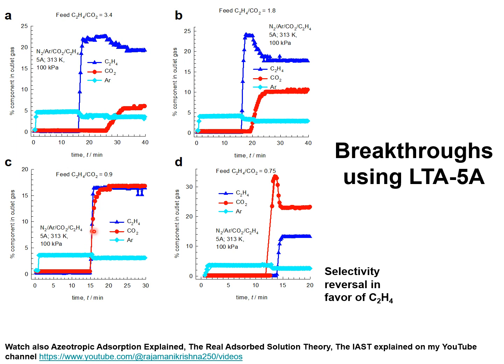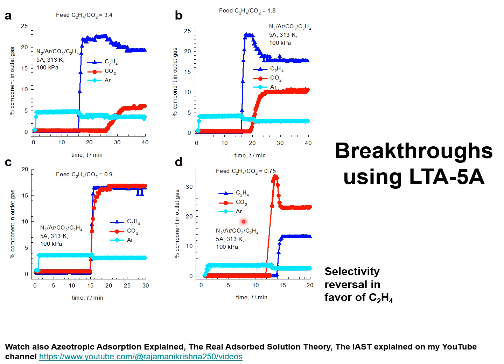This indicates the phenomena of adsorption azeotropy, and the reasons for this azeotrope formation is discussed in the video presentation, Adsorption Azeotropy Explained, that is available for viewing on my YouTube channel.